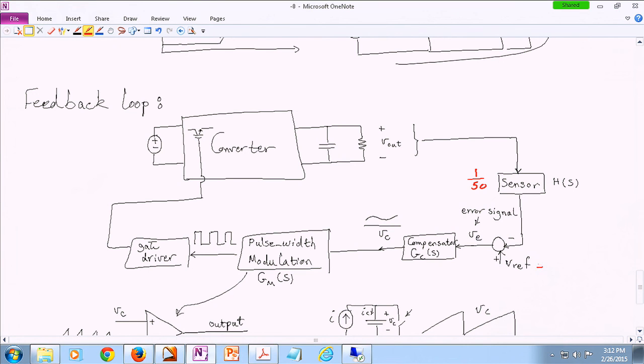This Vref is 2. And our output voltage is 105. So 105 divided by 50 is larger than 2, right? So you realize that this error gets positive. I'm sorry, it's negative.